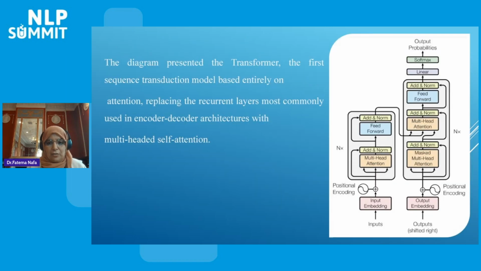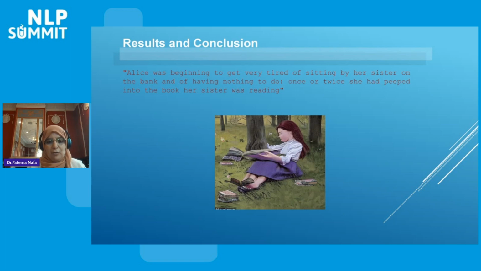Now, as a conclusion of this model, we have been testing the model to generate stories for kids, where we have been developing a short story as a complete book. We tested the system using a couple of sentences, and by using these sentences, the graphical representation is presented.